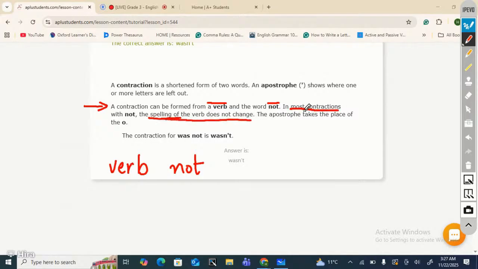When you write contractions with a verb and the word not, the spelling of the verb does not change. The apostrophe takes the place of the letter o in the word not.